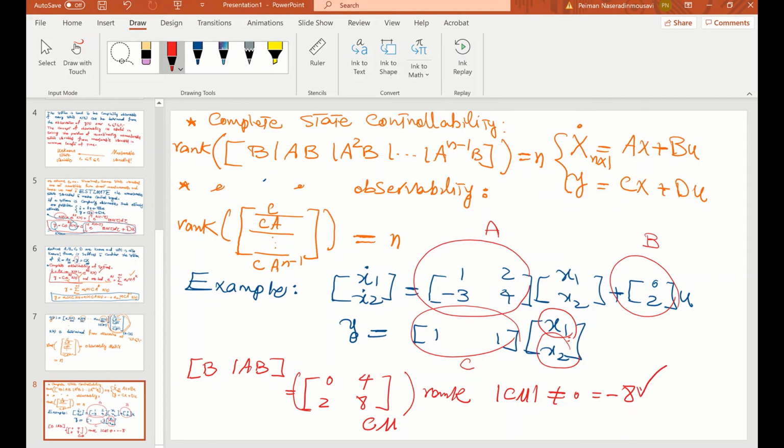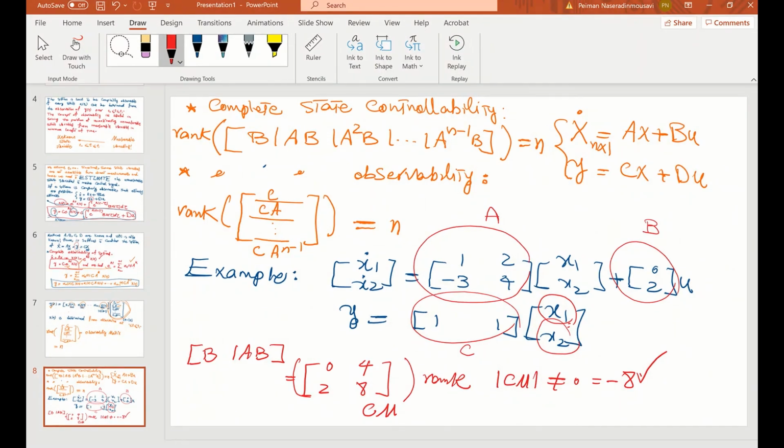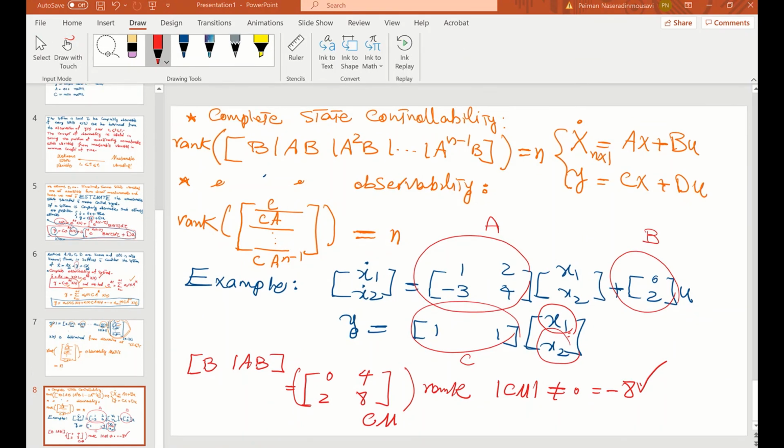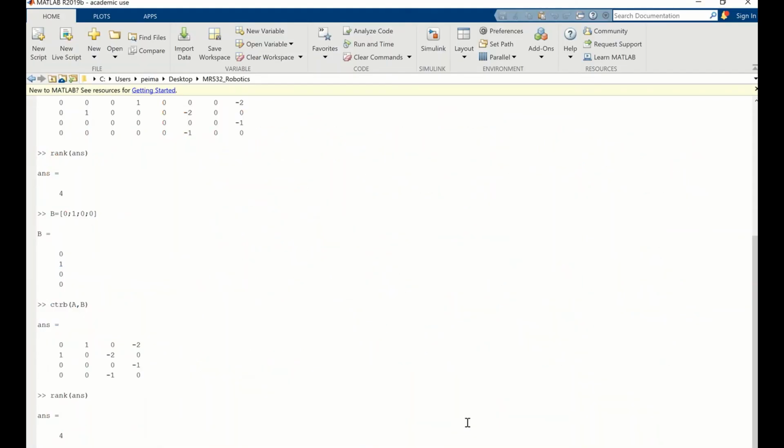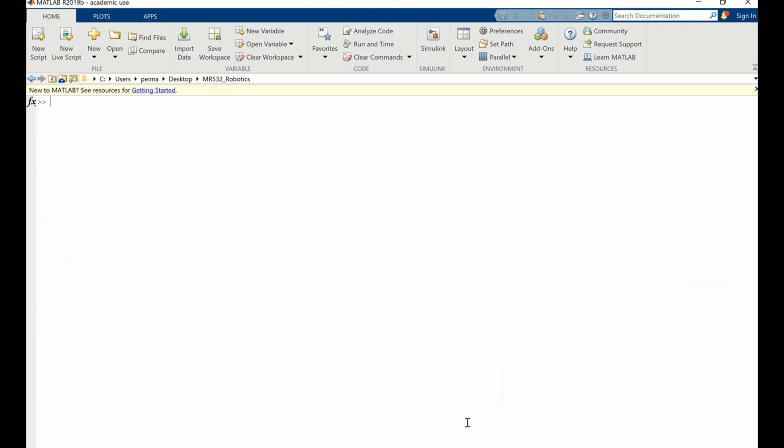Or you can go to MATLAB. Rank of the matrix [0 2; 2 8]... the rank is 2, obviously.